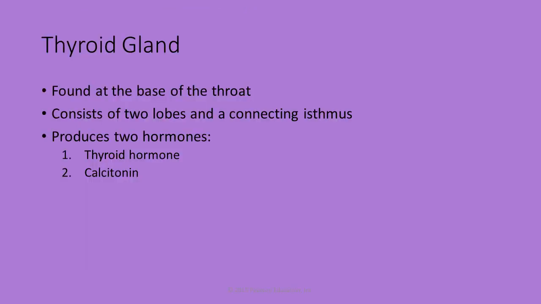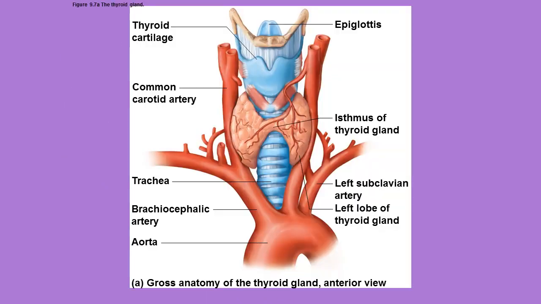The thyroid gland is found at the base of the throat. It also has 2 lobes connected by tissue called the isthmus. It produces 2 hormones, the thyroid hormone and calcitonin. You can see the picture of it here, how it is in front of the trachea and kind of wraps around it. You have the common carotid arteries that come up on either side of it.